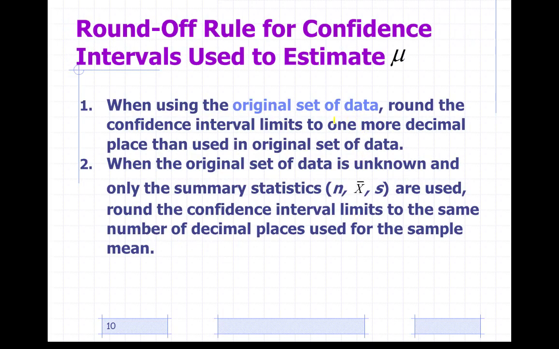When you're using data, you want to round the confidence interval limits to one more decimal place than used in the original set of data. When you're only using summary statistics, then you're going to round them to the same number of decimal places as that sample mean.